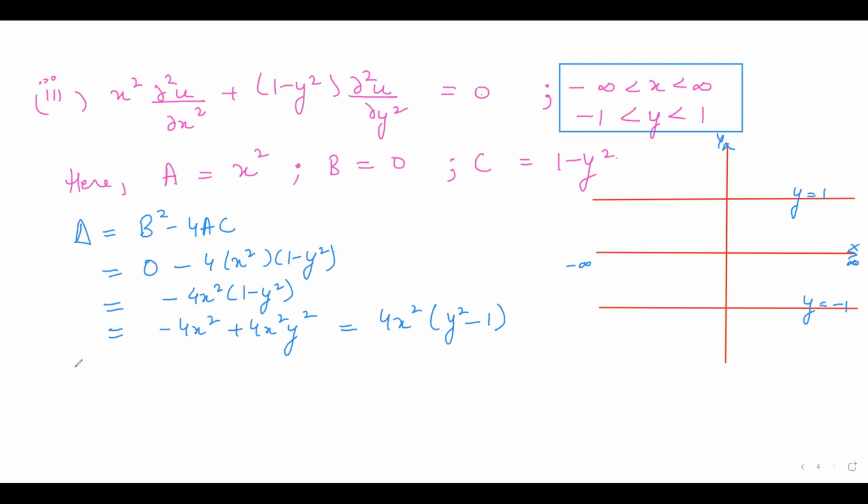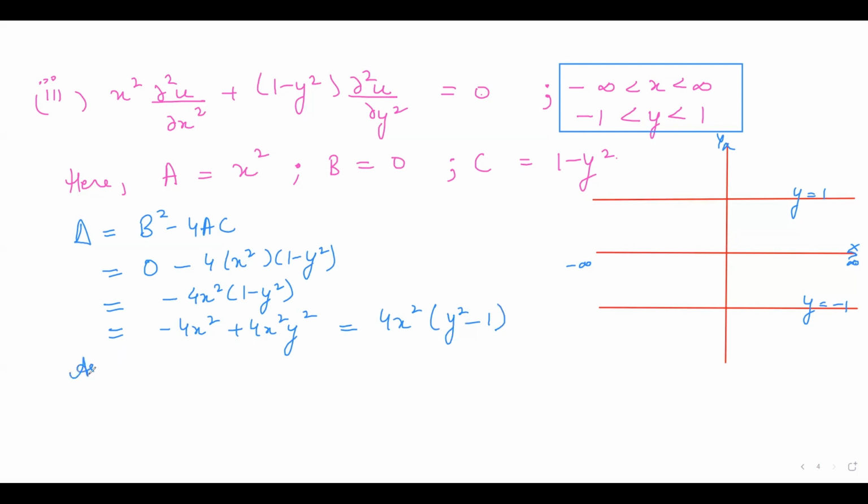Now, as we know that x is ranging from minus infinity to infinity, and we have x square, it won't matter here because x can be negative, x can be positive, but because it is a square, this term would always be greater than 0.